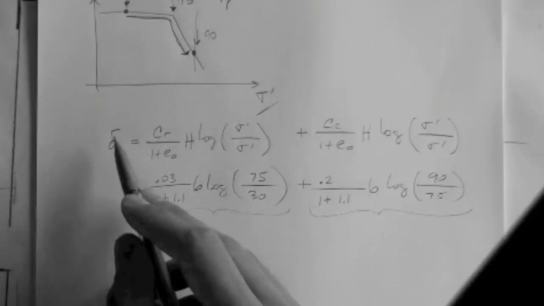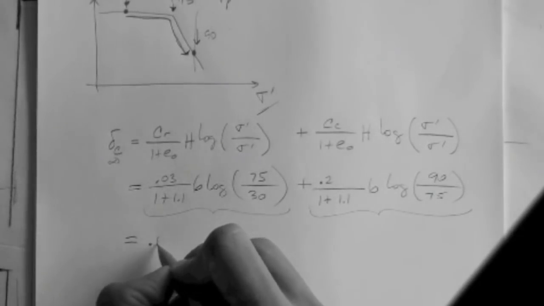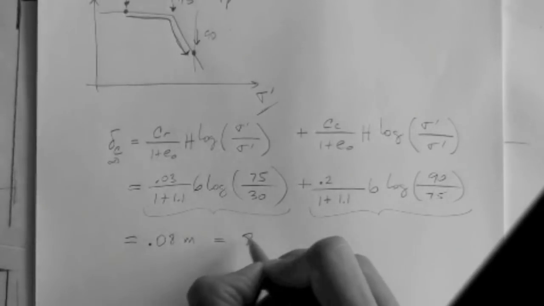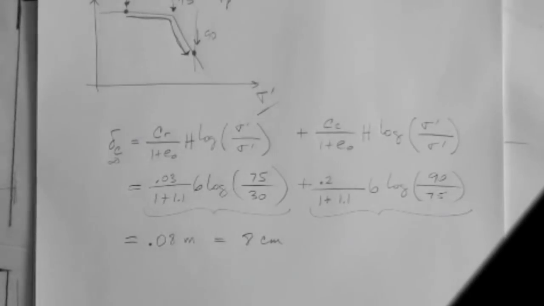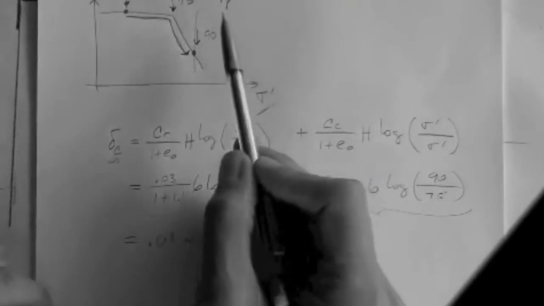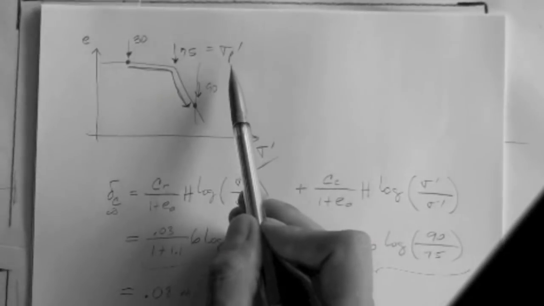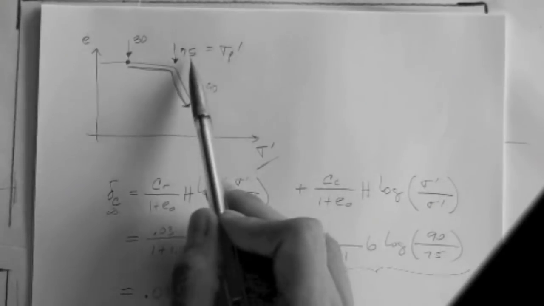The value for delta C, delta infinity, is equal to 0.08 meters, which is to say 8 centimeters. That's the answer. So this is the correct answer, provided that we have a correct sigma p prime as given by the lab people, 75 kPa.